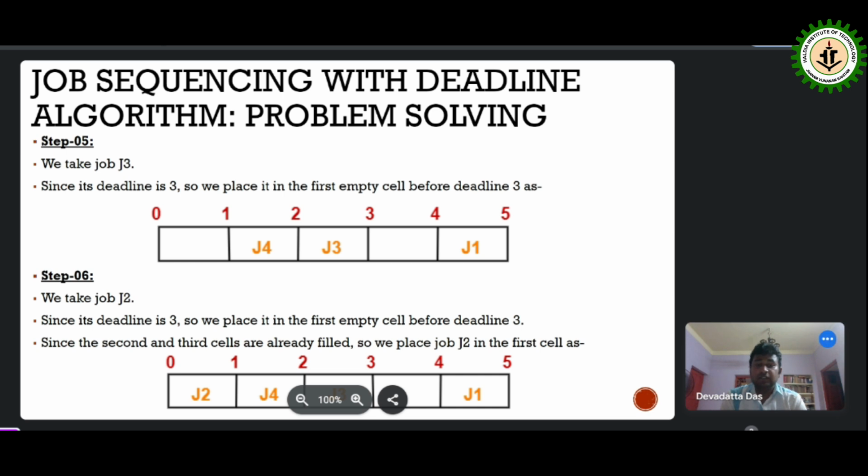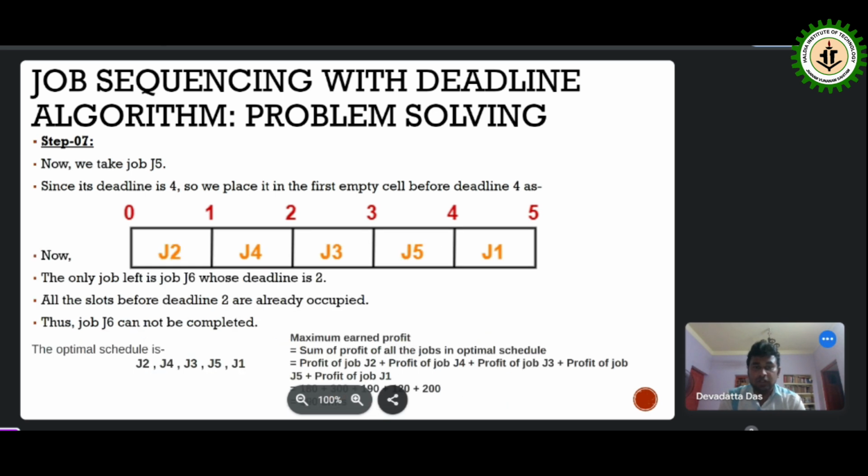If there is the same deadline for a job, then how can I do it? I'm putting the job in an empty place on the net chart. Okay.